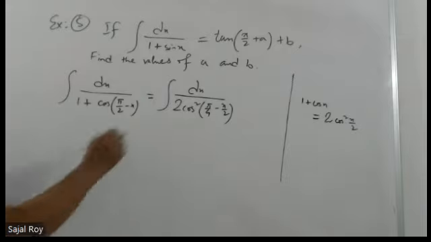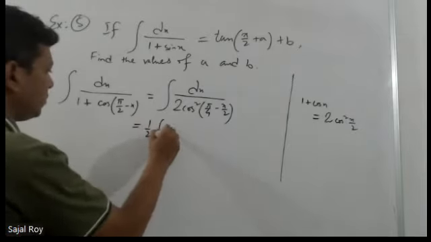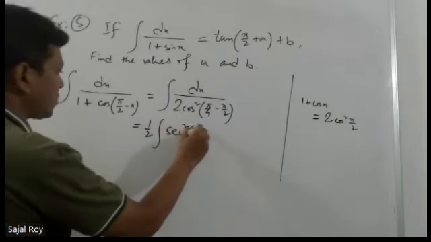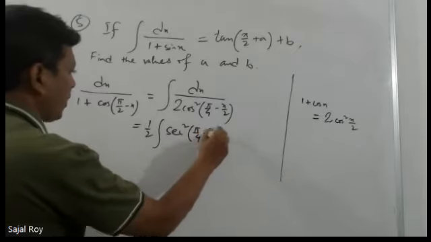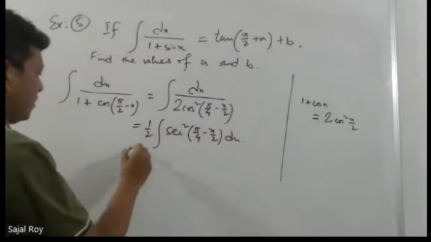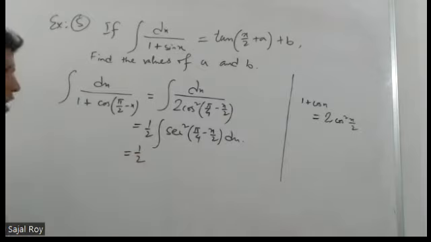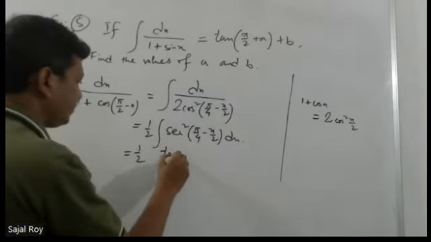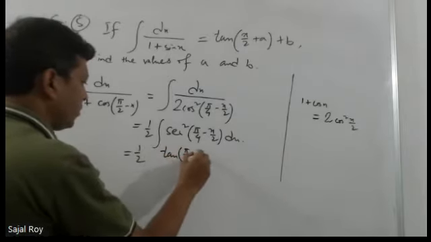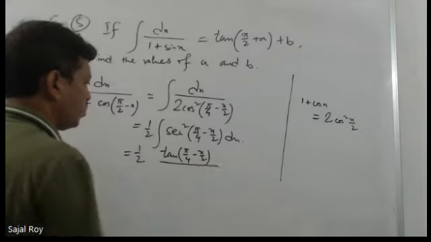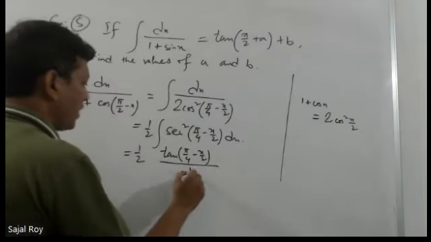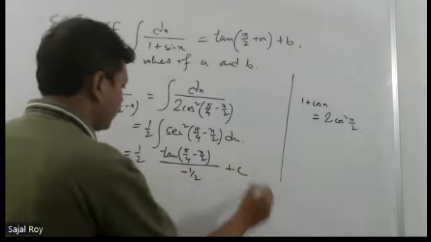So that is a half sec square of pi by 4 minus x by 2 dx. So that is a half, and the integration of sec square is tan of pi by 4 minus x by 2 over minus half plus c.